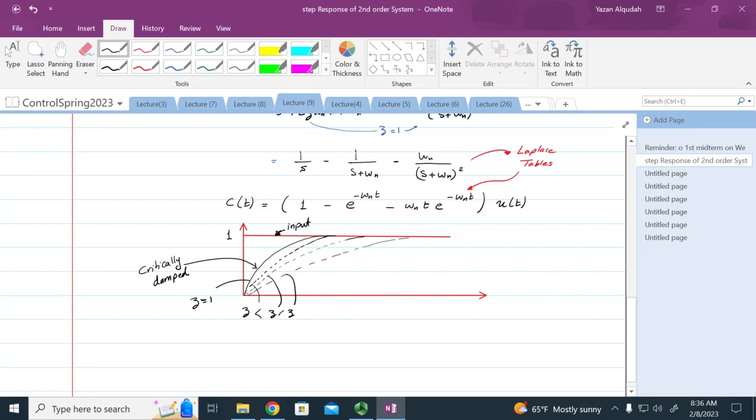This zeta is less than this, less than this. So as zeta increases, we have more overdamping, and therefore it's going to go slower. Is that clear? Make sense? Okay.